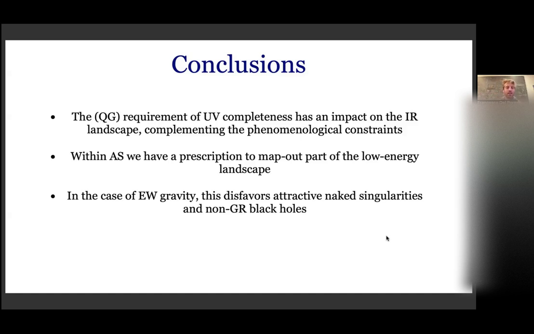So basically, if I follow this complementation with phenomenological constraints, I would say that only wormholes remain viable black hole mimickers for Einstein-Weyl gravity.